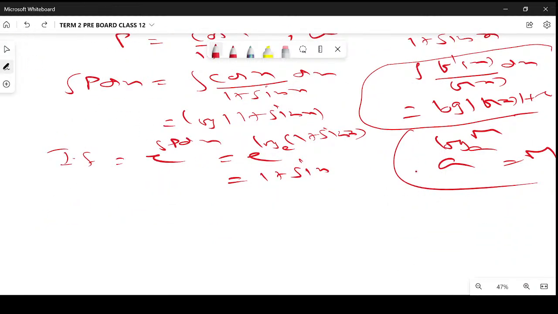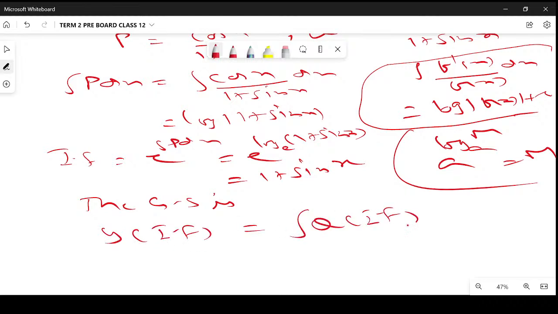I hope you understood this right. Now think about the general solution I can write. The general solution is y into integrating factor equals integral Q into integrating factor dx plus c.